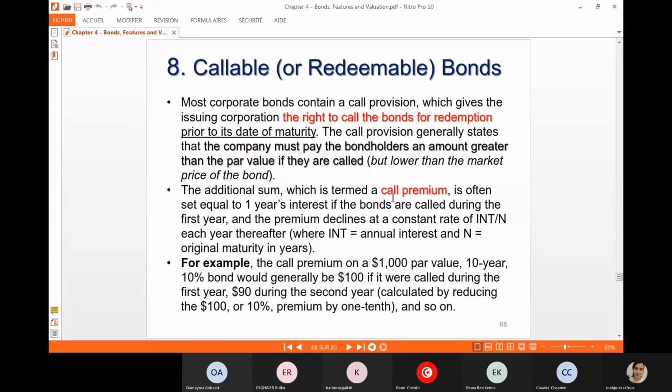Now, when you sell the classic bonds, the traditional bonds without a call provision, you sell the bond today, you have to pay the bondholders interest each period, and you have to reimburse them the maturity value at the maturity date.